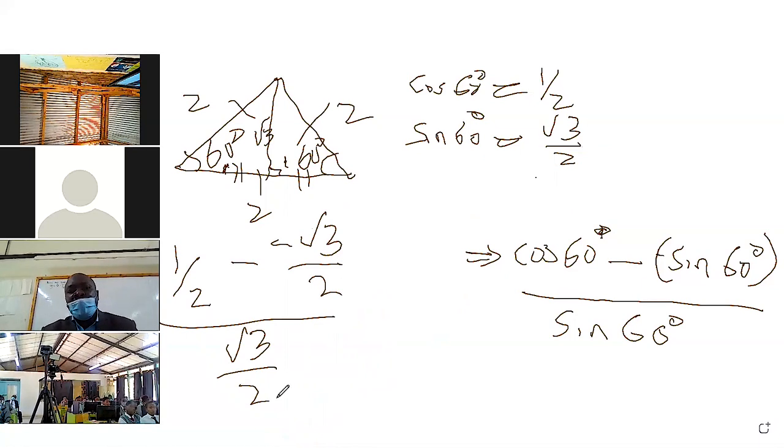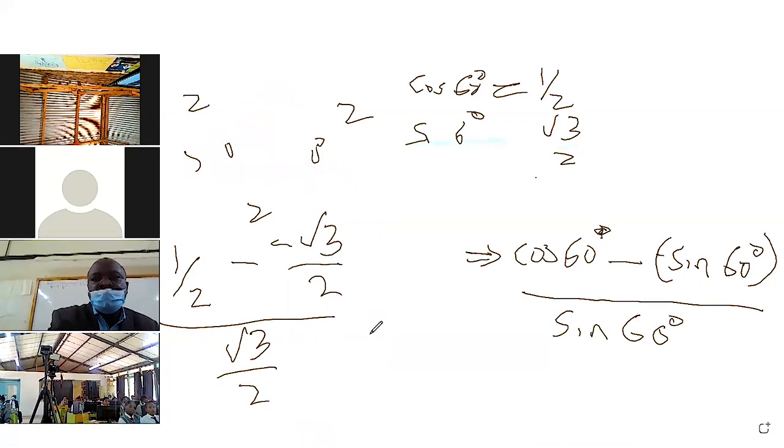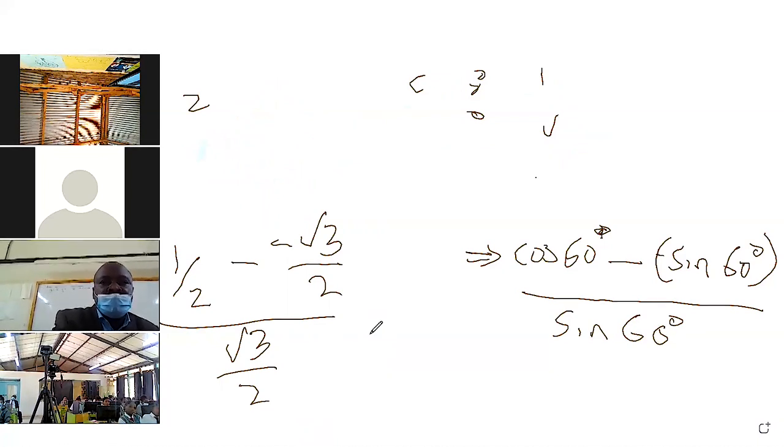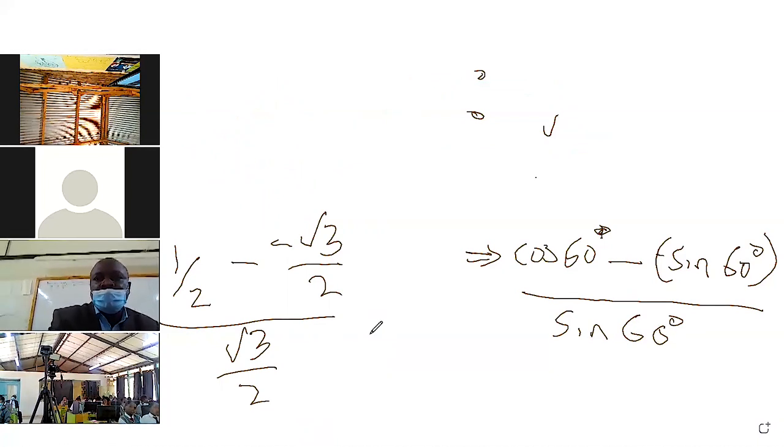So now let us work out the numerator. If you work out the numerator, you are going to get minus, and a minus gives us a positive.